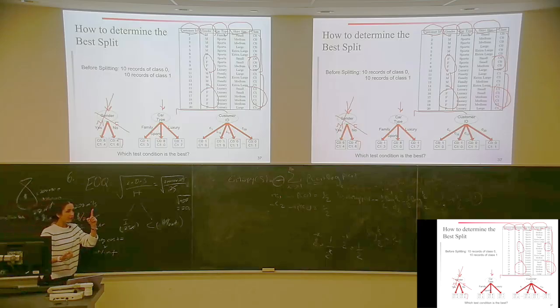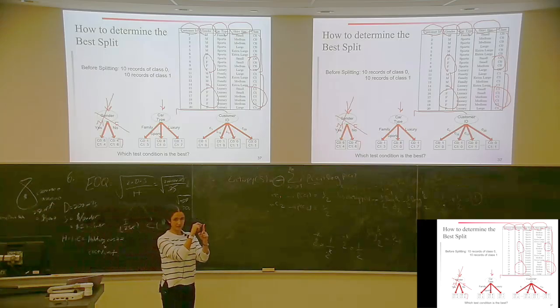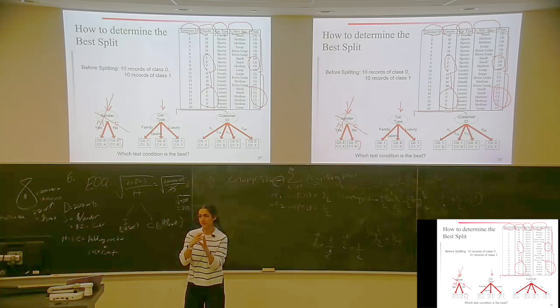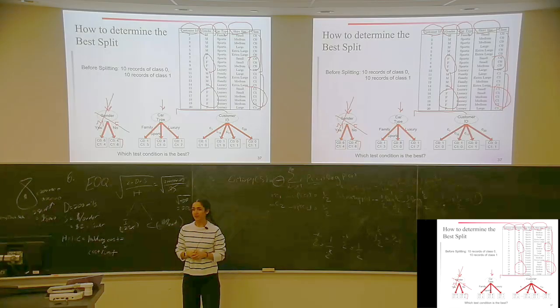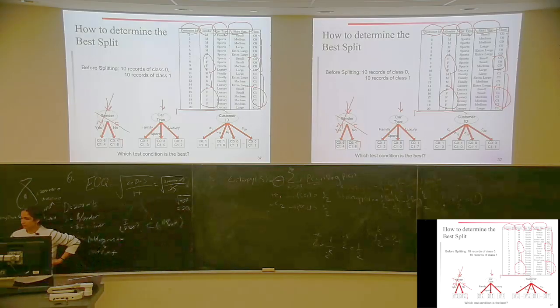When you only have one instance in each branch, it means all instances of that branch go into one class because it only has one instance. So these are the purest. But this is not the best split. It's not informative. You cannot generalize on this, so it's not a good one for prediction.